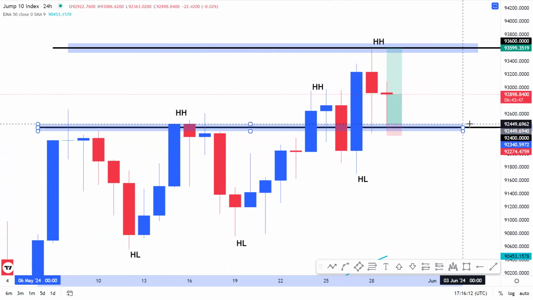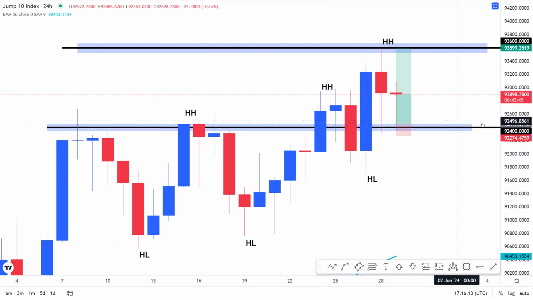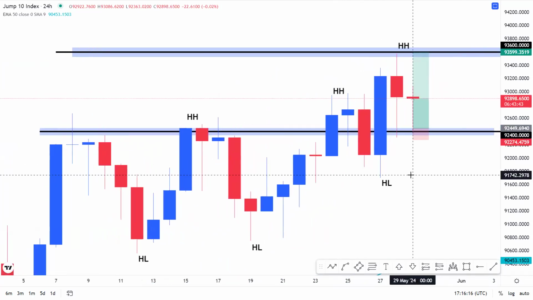Clearly, this blue rectangle zone is our area of interest where we waited for price to come into, to then look for buying opportunities, because we have established that the market's direction is to the upside and then we want to buy.